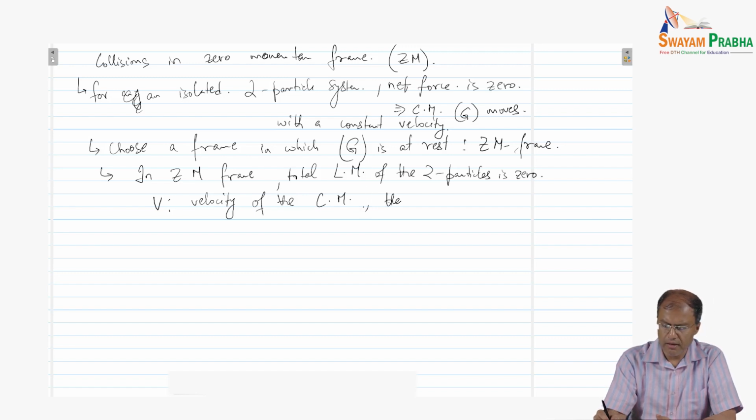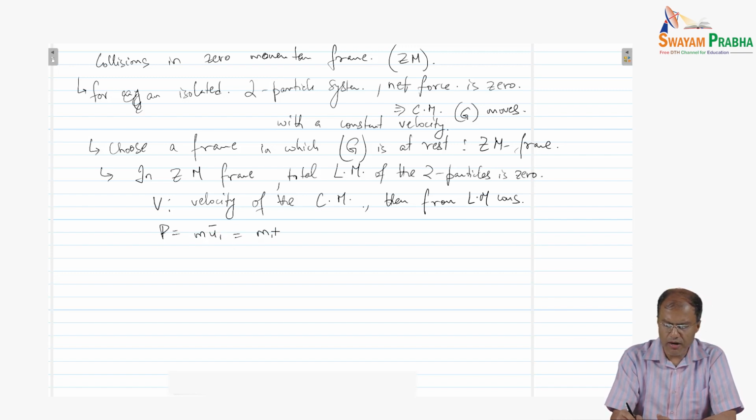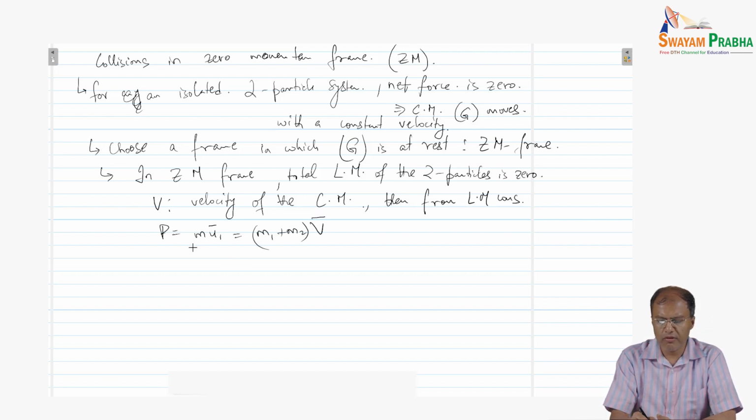Then from linear momentum conservation, we see that the momentum of the system, m times u1, is m1 plus m2 times v, right? This was the initial momentum, m times u1, that is the momentum of the approaching mass, and the final momentum is m1 plus m2 times v.